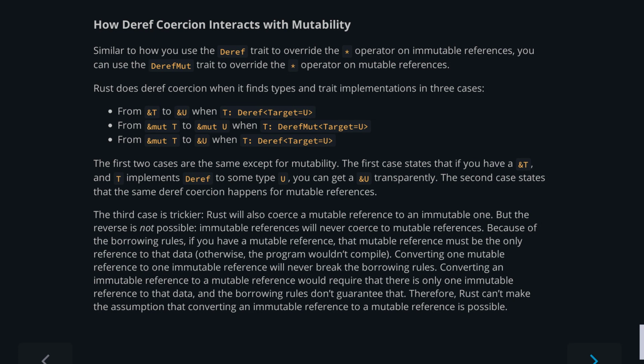Rust does deref coercion when it finds types and trait implementations in three cases. From &T to &U when T: Deref<Target=U>. From &mut T to &mut U when T: DerefMut<Target=U>.